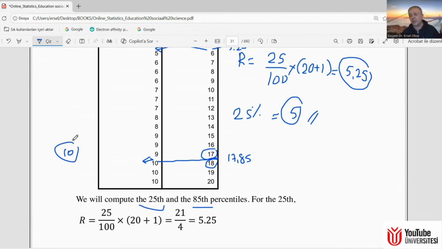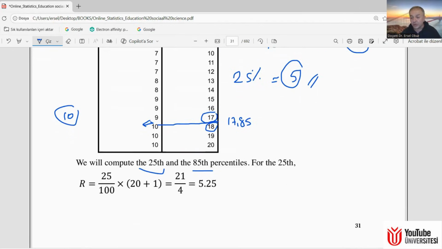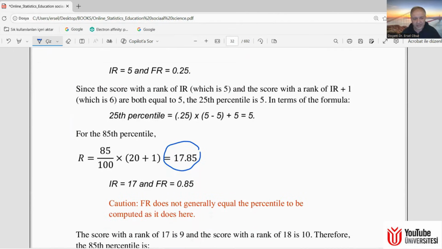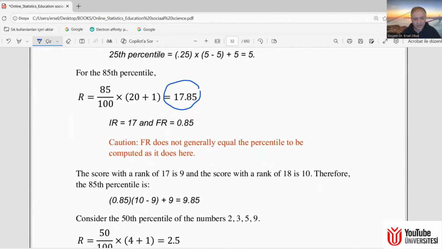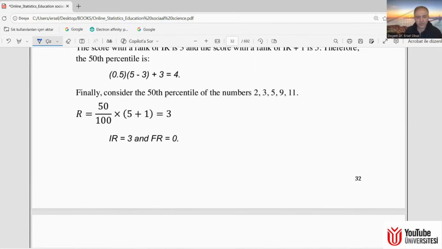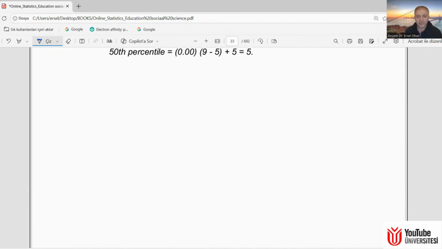You can do the interpolation, but it is not that important. Let's check what the exact score is. Yes, 9.85. If it is needed, you can do the math, but it is not that important. This is called interpolation. So this is the percentile basically.